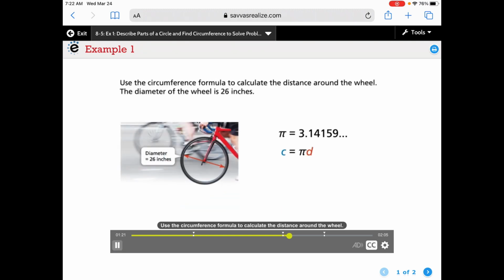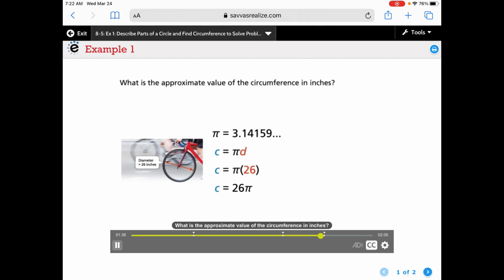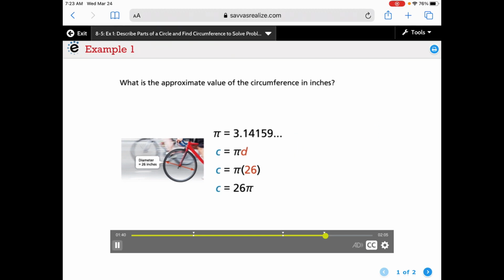Use the circumference formula to calculate the distance around the wheel. Substitute the value for the diameter of the wheel, 26 inches. The circumference is exactly 26 times pi. What is the approximate value of the circumference in inches? So if we do 26 times 3.14, what we'll get is something like 81.